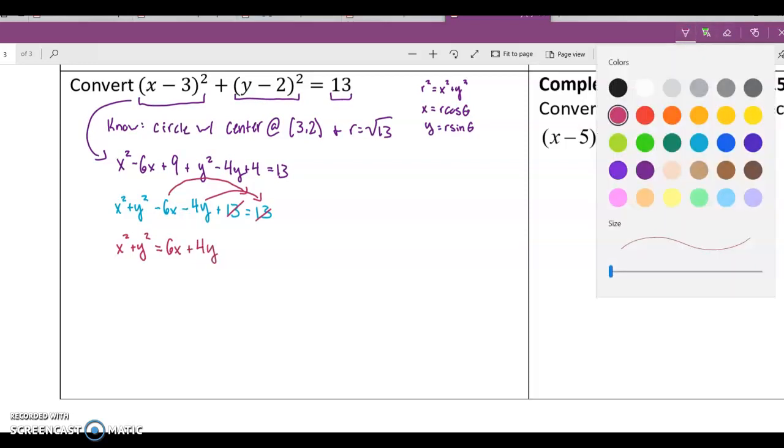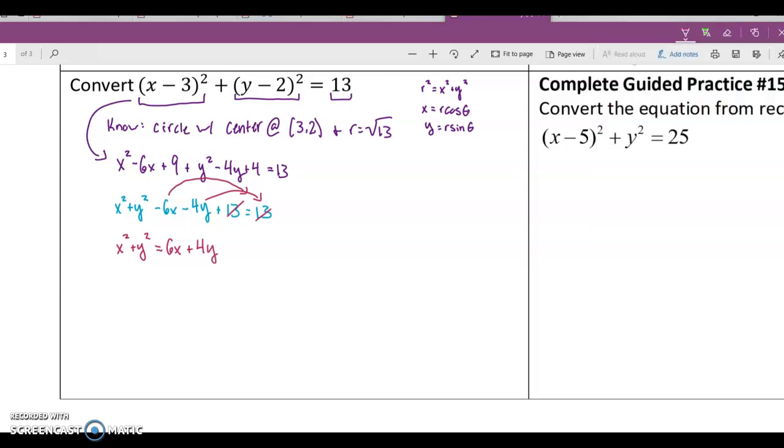Now we want to convert to polar with what we know. We know that x squared plus y squared is equal to r squared. So we have r squared is equal to 6x, where x is equal to r cosine theta, plus 4y, where y is equal to r sine theta.